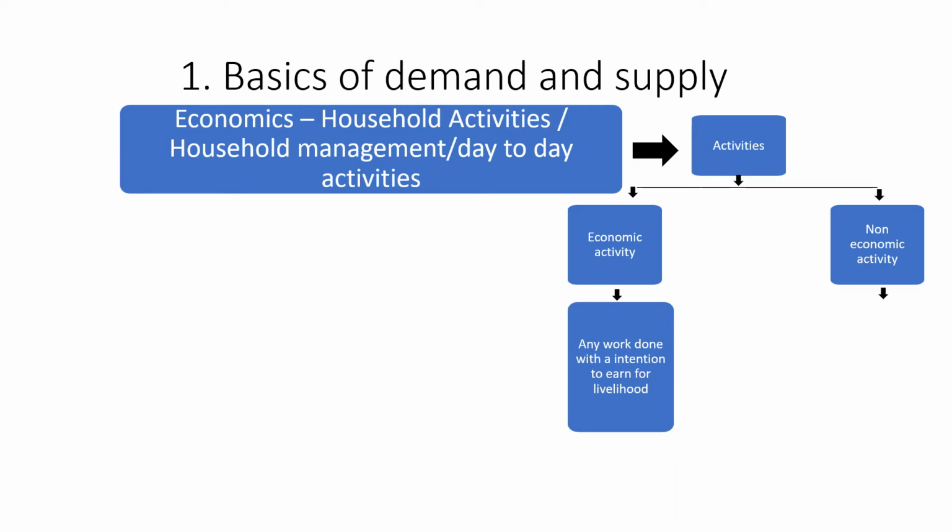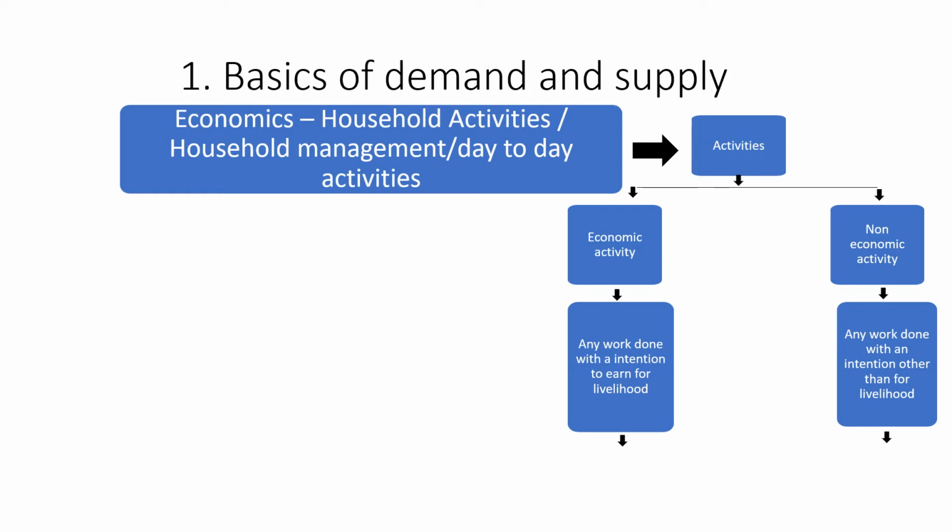We can say it as any work done with an intention to earn for livelihood. If your intention is to earn for livelihood, then it will be economic activity. If your intention is other than earning livelihood, then it will be said as a non-economic activity. So intention to earn for livelihood is economic. So intention other than earning for livelihood is non-economic activity.